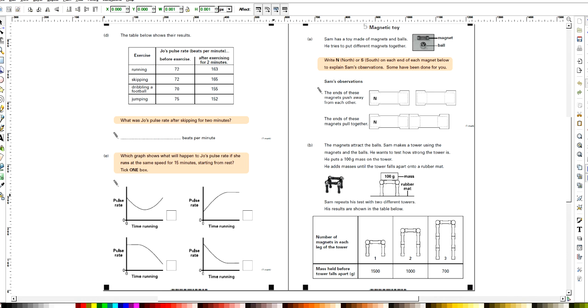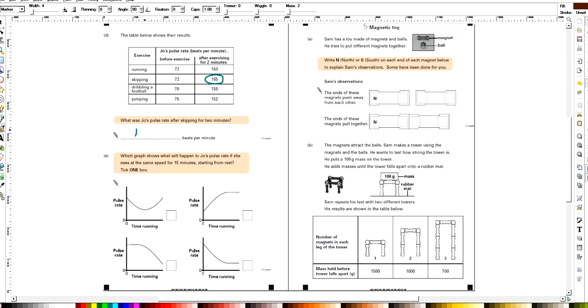Okay, the table below shows the results: running, skipping, dribbling, jumping, before and after. What was Joe's pulse rate after skipping for 2 minutes? So after 2 minutes, what was it? 165.